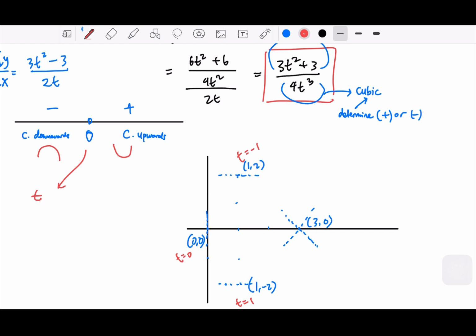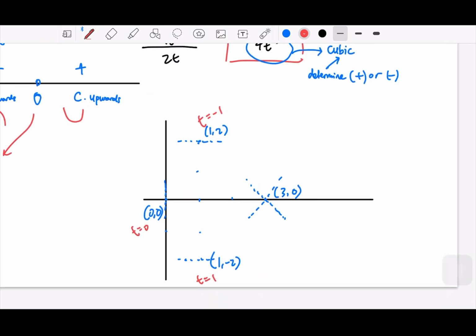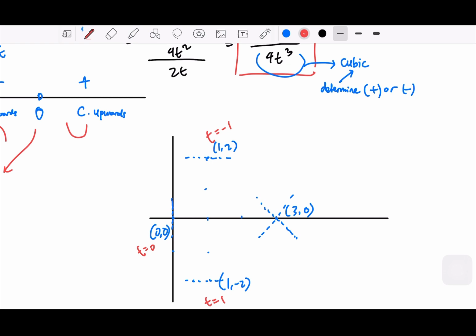If t equals 0 here, then this is negative. It should be concave downwards based on our conclusion, so it should be going here. And this is the positive, right? T equal 1, so it should be going here. So this should be going there, and this should be going here.